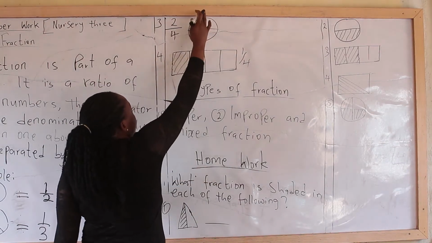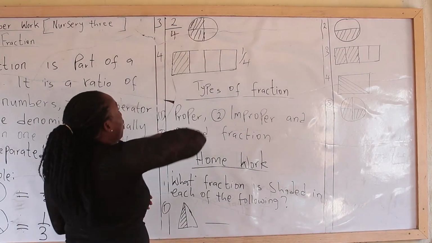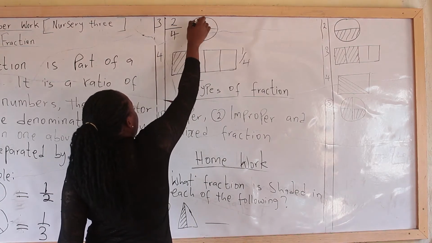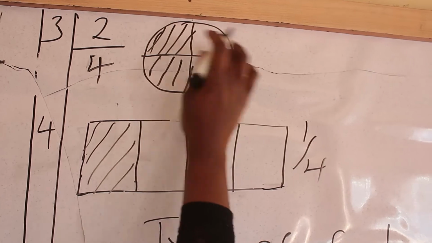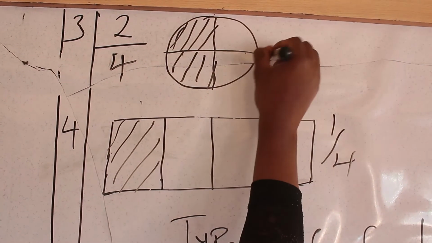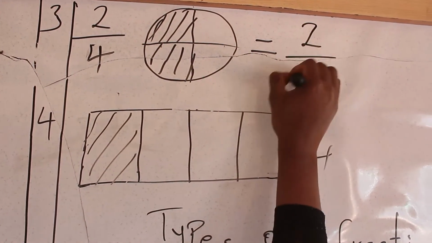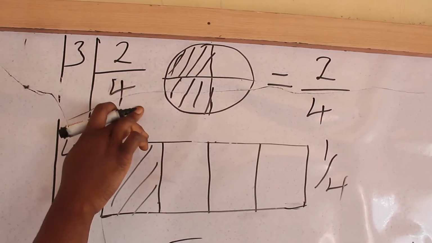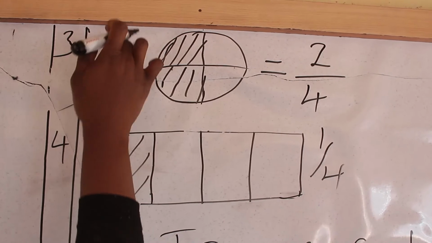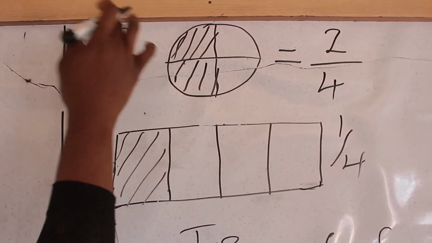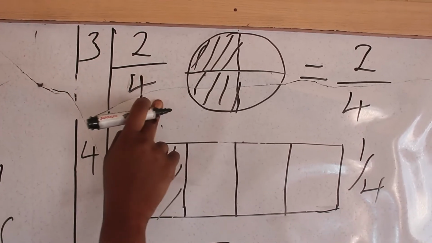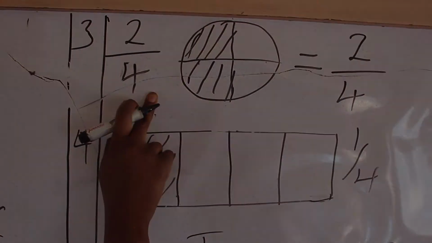You shade two parts, 1, 2. What you will have is 2 over 4. That is 2 quarters. The 2 is the numerator and the 4 the denominator, with the division bar, the horizontal bar.